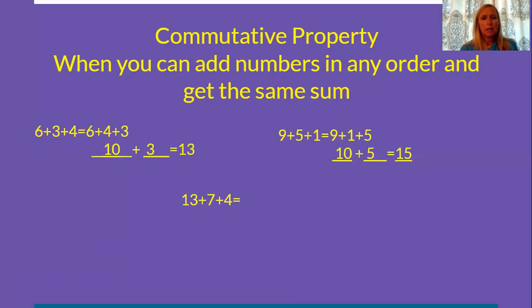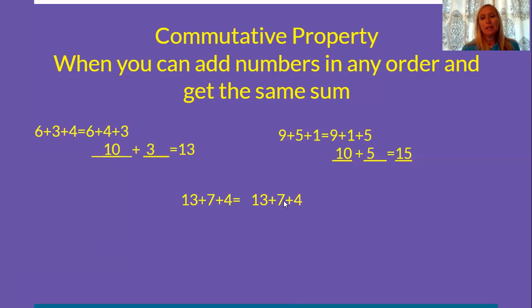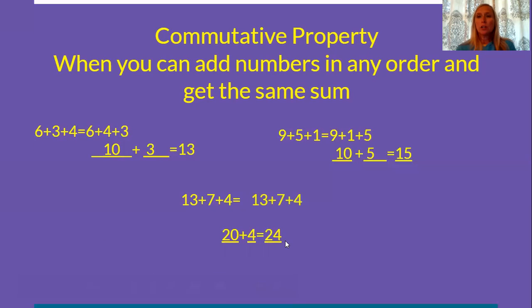So let me see. Oh, do you see what I see? I see 13 plus 7. What does 13 plus 7 equal? 13 plus 7 equals 20. So I can now do it in the order this way. 13 plus 7 is 20, plus 4 equals 24. That makes it easier for me to add. Boys and girls, can you add in any order?